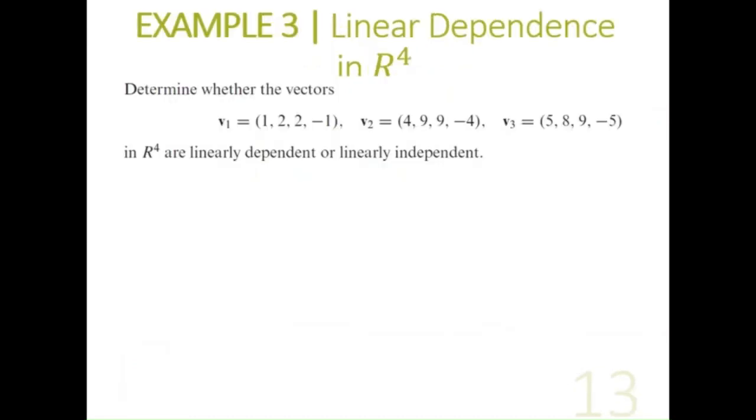Example 3 is very similar to what we just did, except it's in R4. You basically would set up your homogeneous system similarly. You'd use some different methods to solve for it, either by using your equations or manipulating a matrix. But I'm going to let you prove that for yourselves, but hopefully you want to go through that and see that they got for that example only the trivial solution.